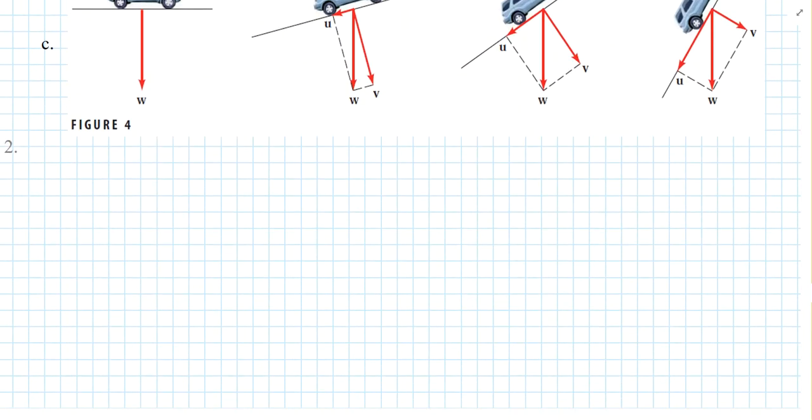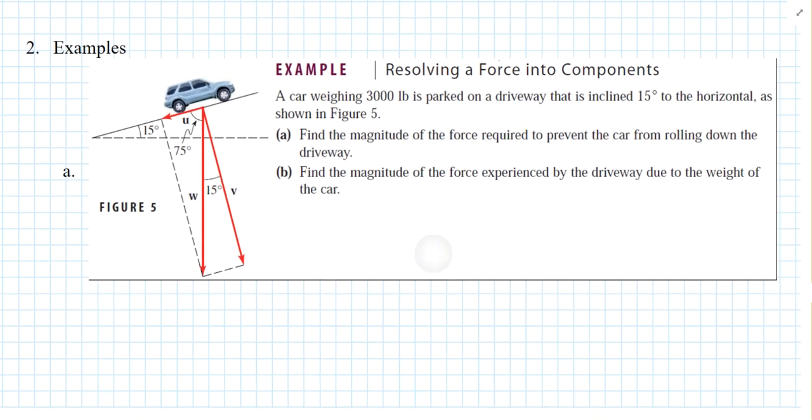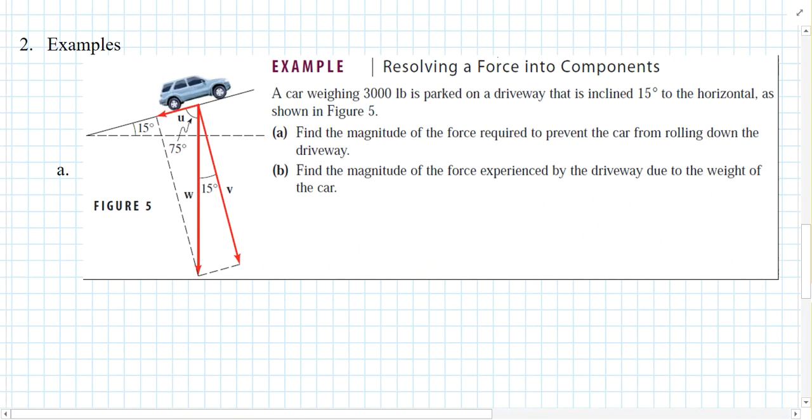Now in this particular example, we're not actually computing work, we're not using the dot products. This is more of a statics problem where the vehicle is remaining still, it's not moving. We're just trying to compute how much force is being experienced in both of these directions, in the u vector and the v vector direction.